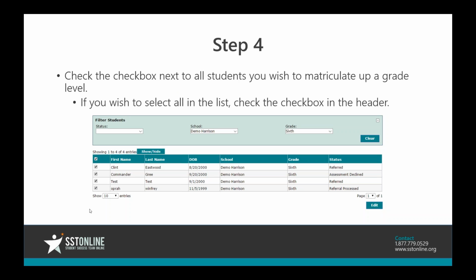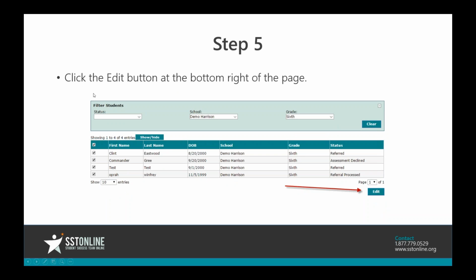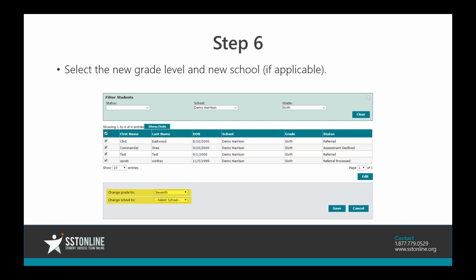Okay, so once you've checked next to those students, we're going to move on to step 5, which is click the edit button at the bottom right hand part of the page. Okay, so you've clicked next to your students and then you're going to click the edit. And then you're going to change their new grade level and their new school if applicable.